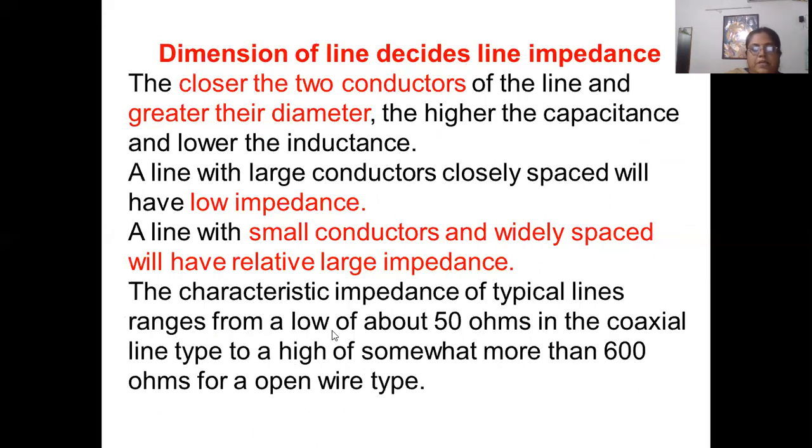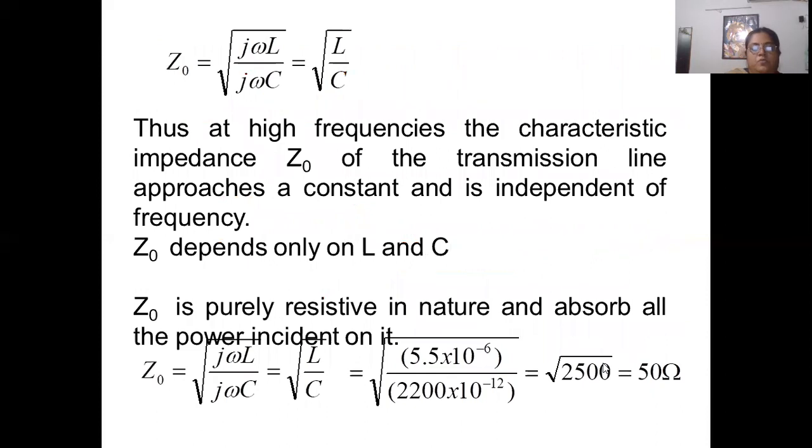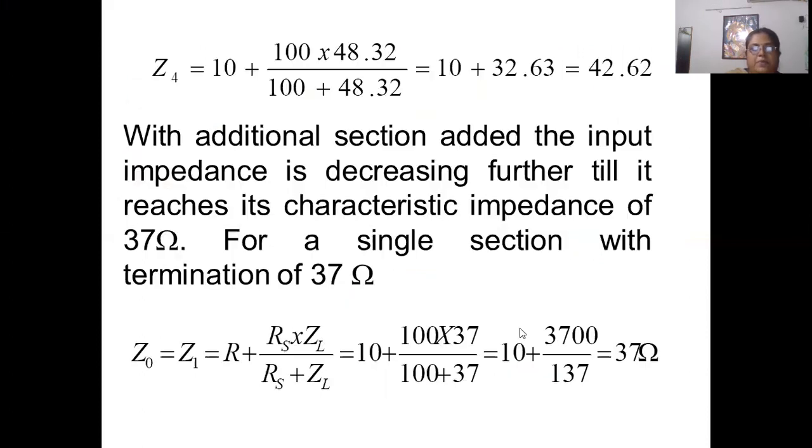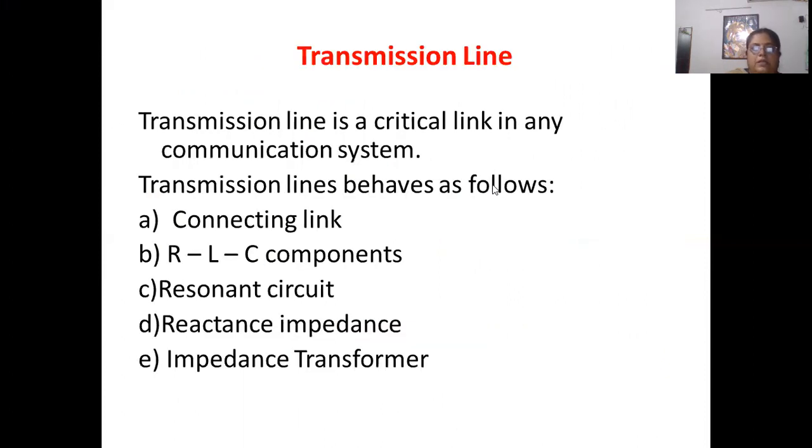The characteristic impedance of a typical line ranges from a low of about 50 ohms to about 600 ohms for an open transmission line. Here the characteristic impedance has been taken, and it depends upon the values of L and C. We have calculated the values of characteristic impedance, and finally the transmission line is a critical link in any communication system, and it behaves as a connecting link between the receiver and transmitter.